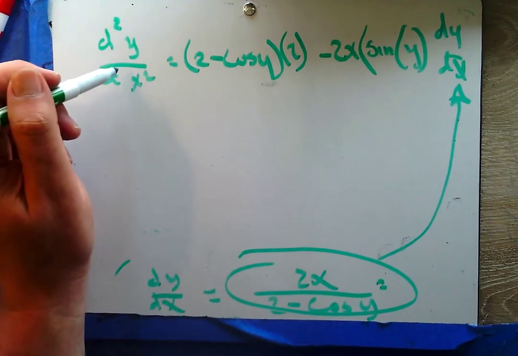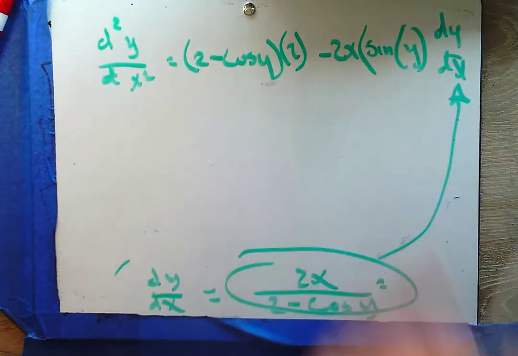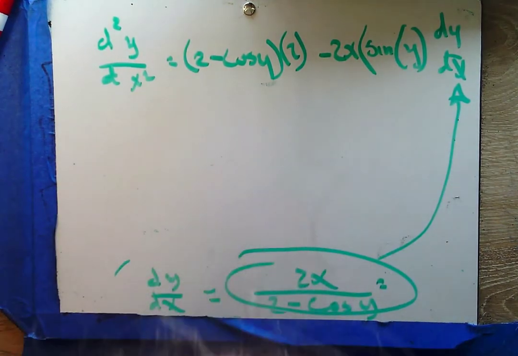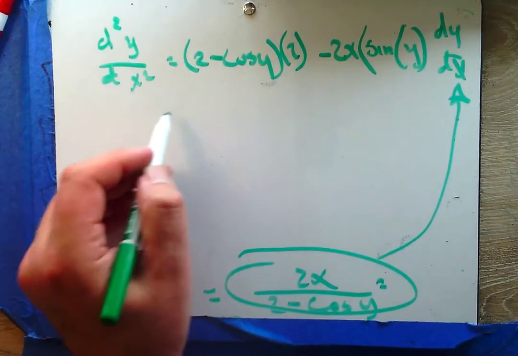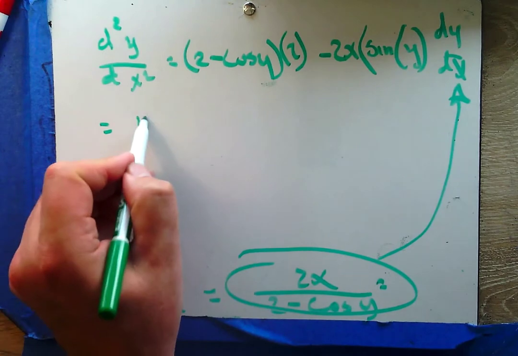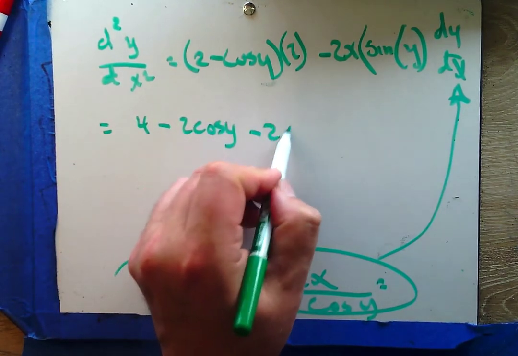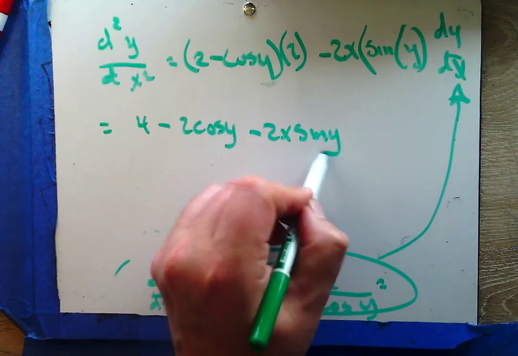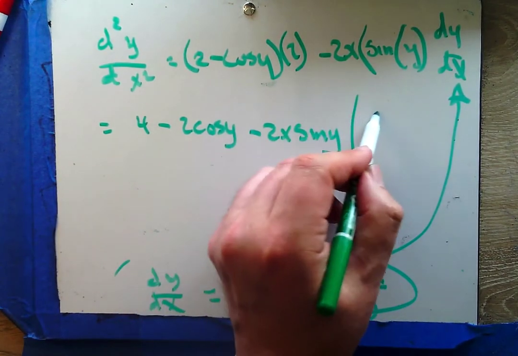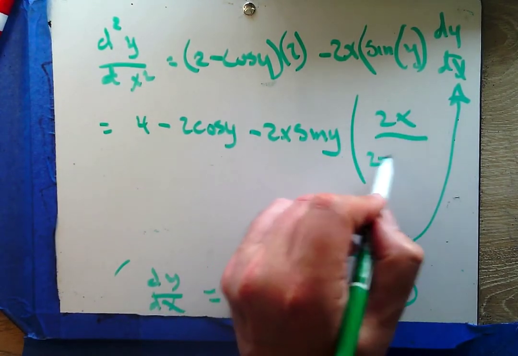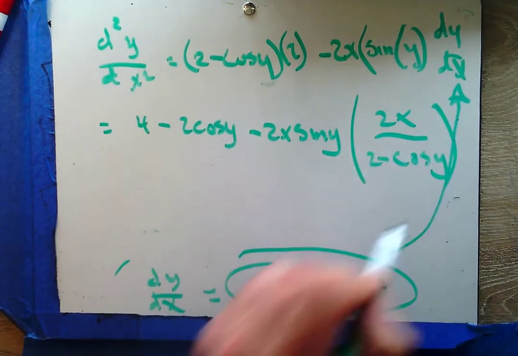So when I have the second derivative, I don't want any of these little first derivative symbols sitting there. I want everything in terms of x's and y's. So what's that going to look like? Well, 4 minus 2 cosine y minus 2x sine y times 2x over 2 minus cosine y.